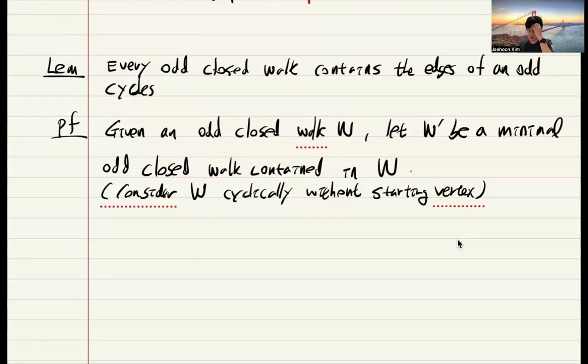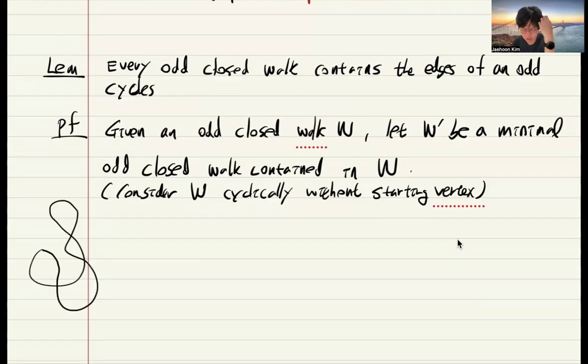Then what happens if you have a closed walk which is not a cycle? Then it might look this way. If this is not a cycle, then a vertex repeats.